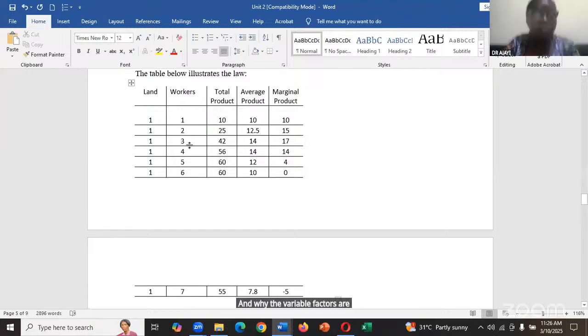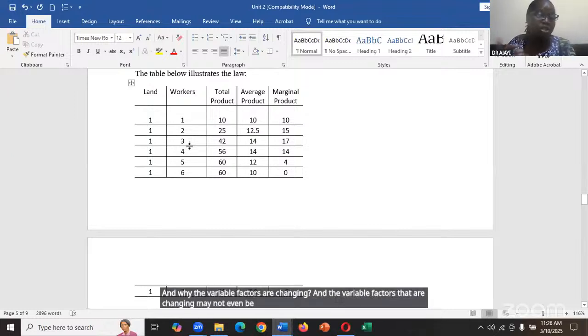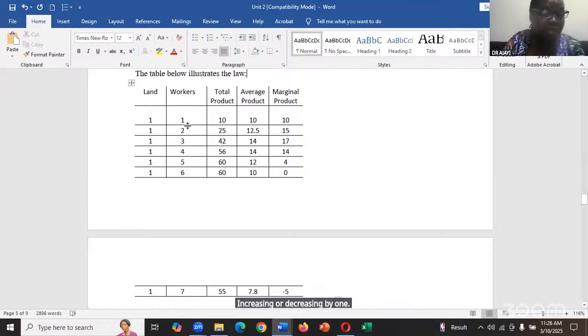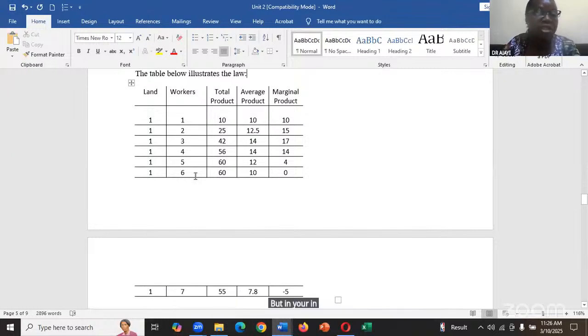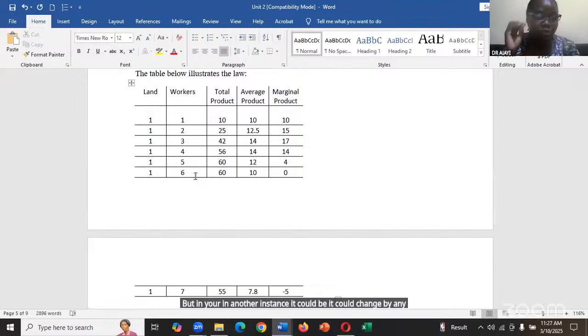And the variable factor that is changing may not be increasing or decreasing by 1. This example says from 1 to 2 to 3 to 4, 5, 6, 7, but in another instance, it could change by any number that is not 1.